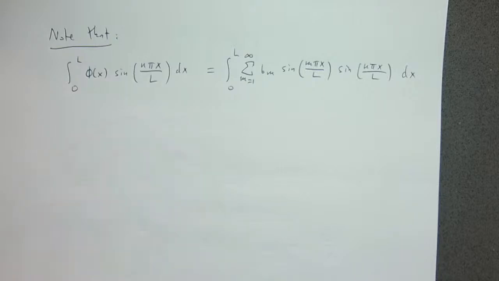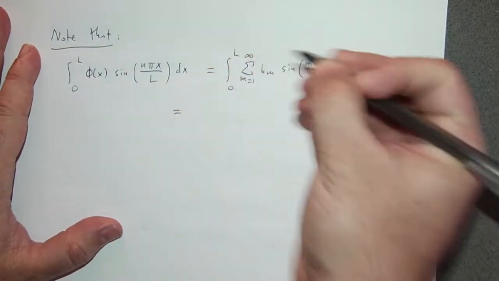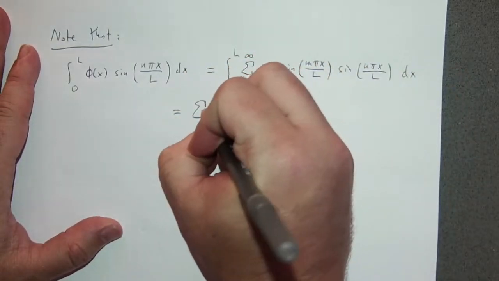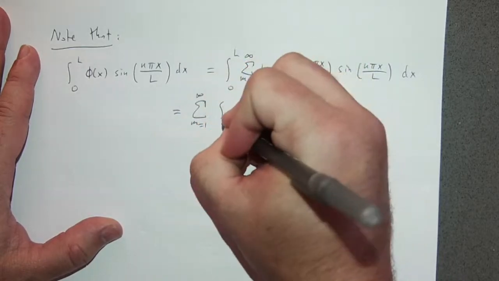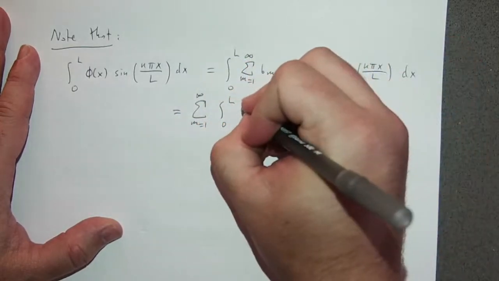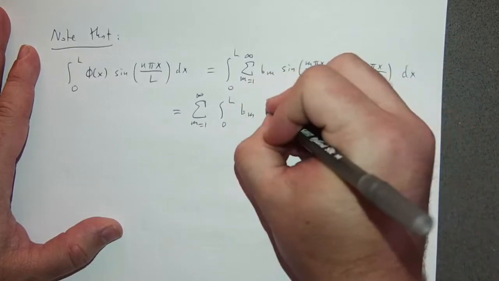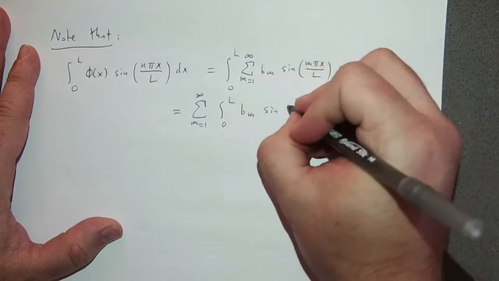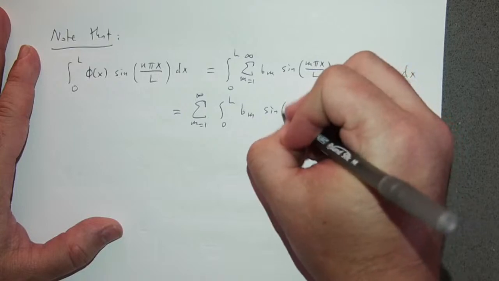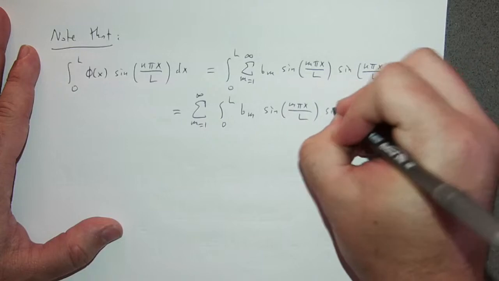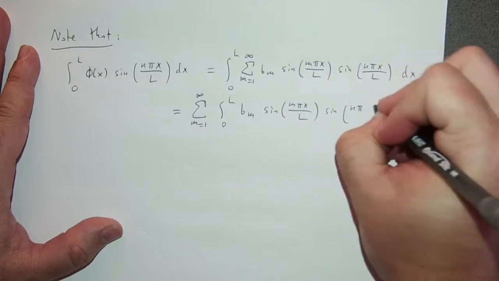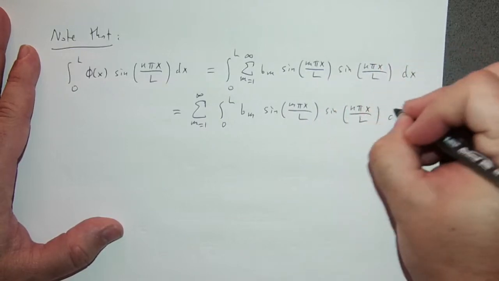But it turns out in this case it is. So this is equal to the sum from m equals 1 to infinity of integral from 0 to L of b sub m sine of m pi x over L sine of n pi x over L dx.